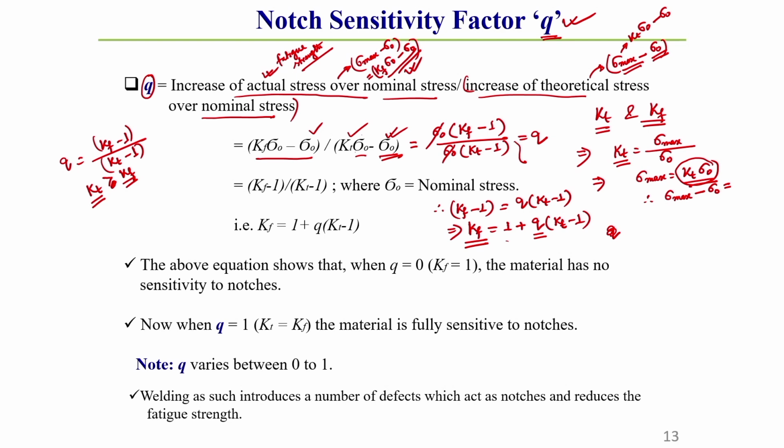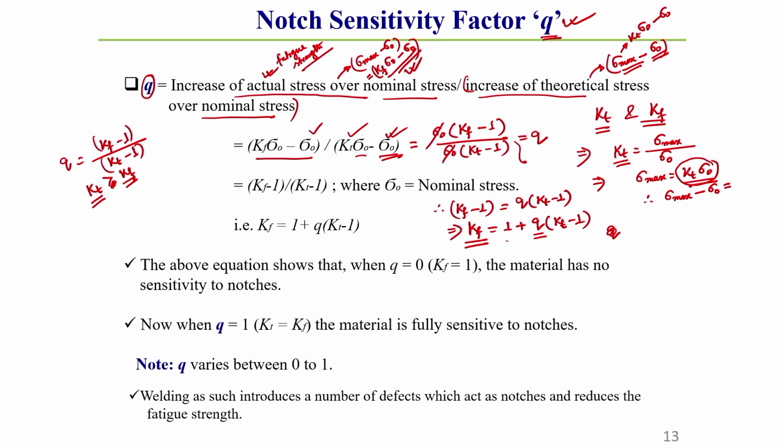In case of a weld there are generally a lot of defects, a lot of positions which act as a notch, understand. That is why, due to these different discontinuities and defects, a weld is generally considered a notch specimen. That is why in a welded specimen this notch sensitivity effect must be considered.